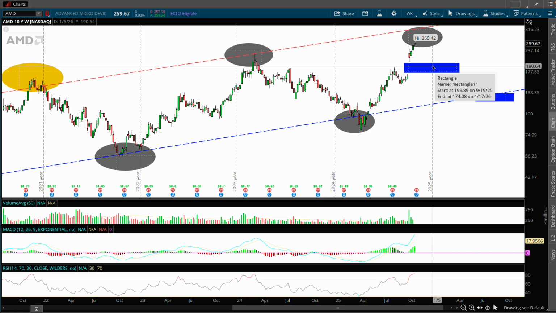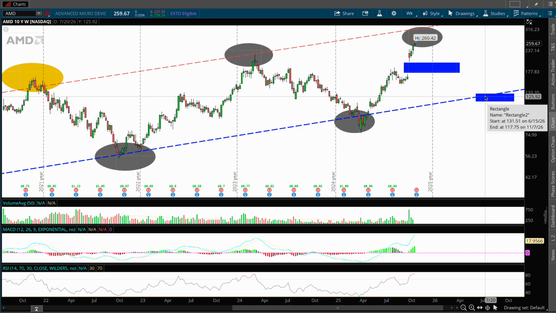Definitely the risk is higher. And if this fails to hold, the next support goes all the way down to 120, a drop of another 100 or so dollars, about $140 in total.